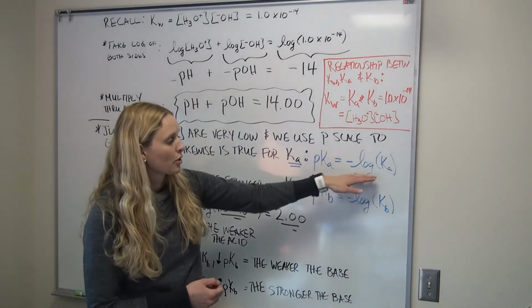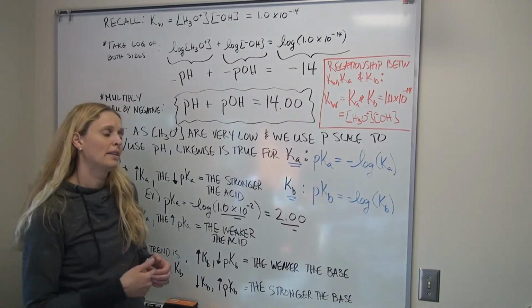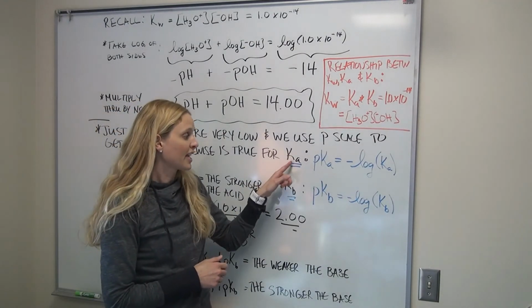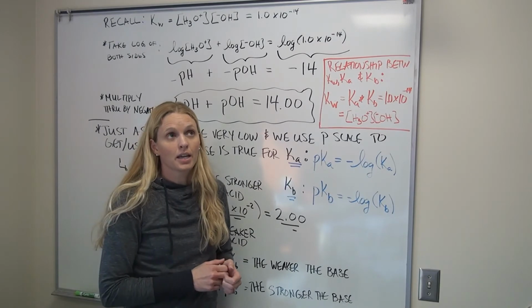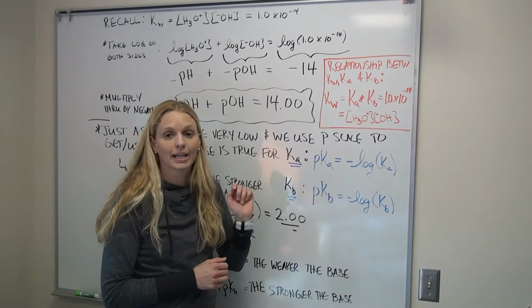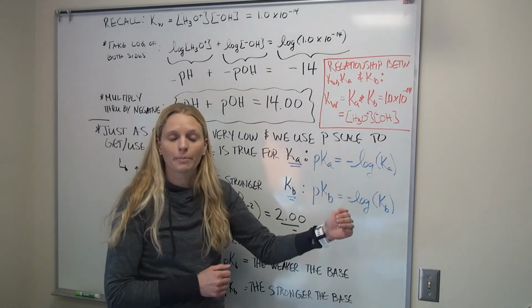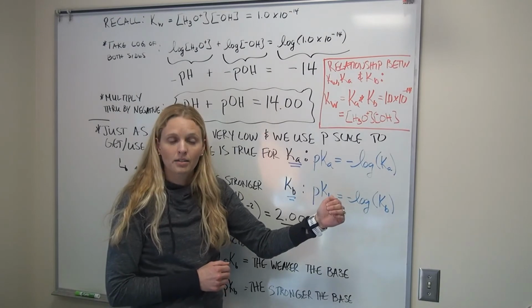Since the equations are pretty similar, we can also think in terms of what they mean. If we have a Ka that is a really small number, we're looking at an acid that has not dissociated very much and does not make very many H plus ions, right?